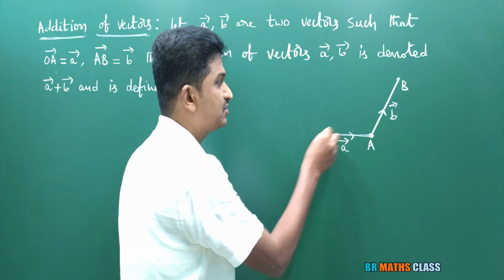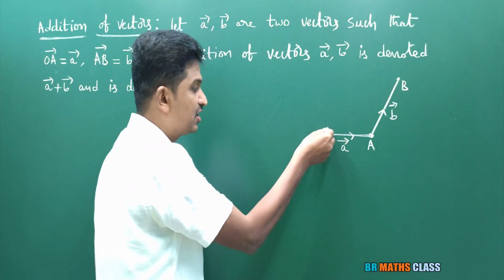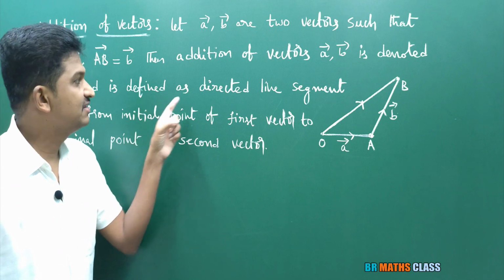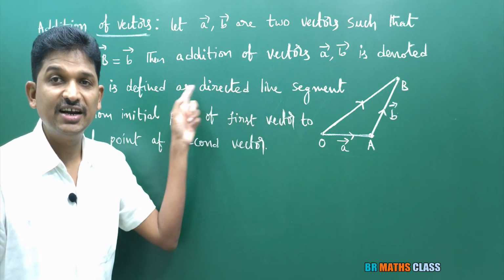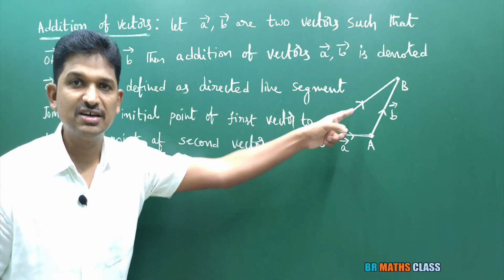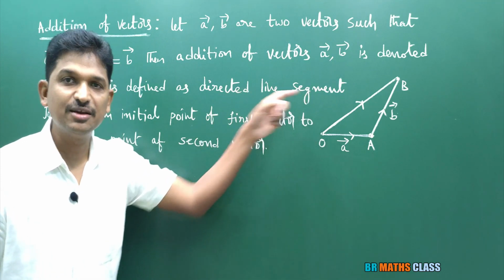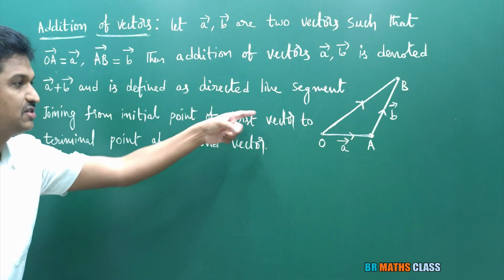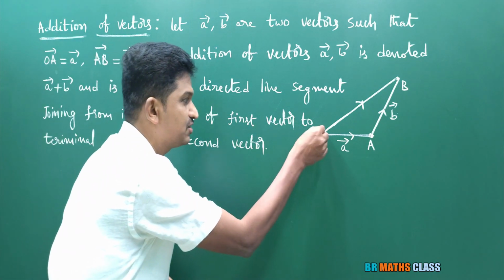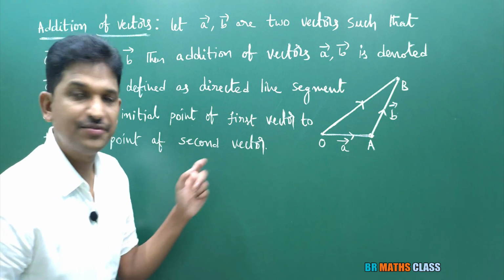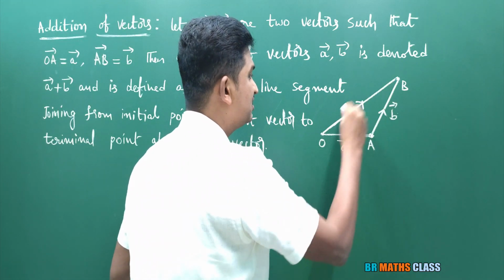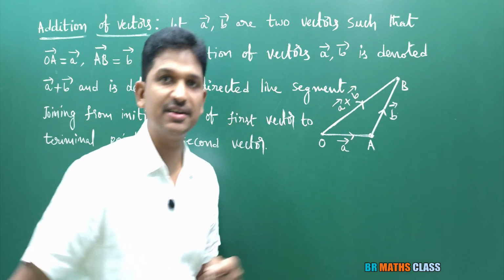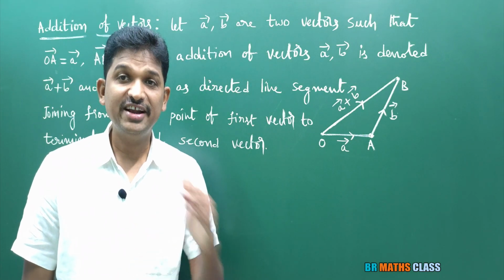This is the initial point of the first vector, this is the terminal point of the second vector. So what is this vector? This vector is A bar plus B bar. Very simple. This is addition of vectors.